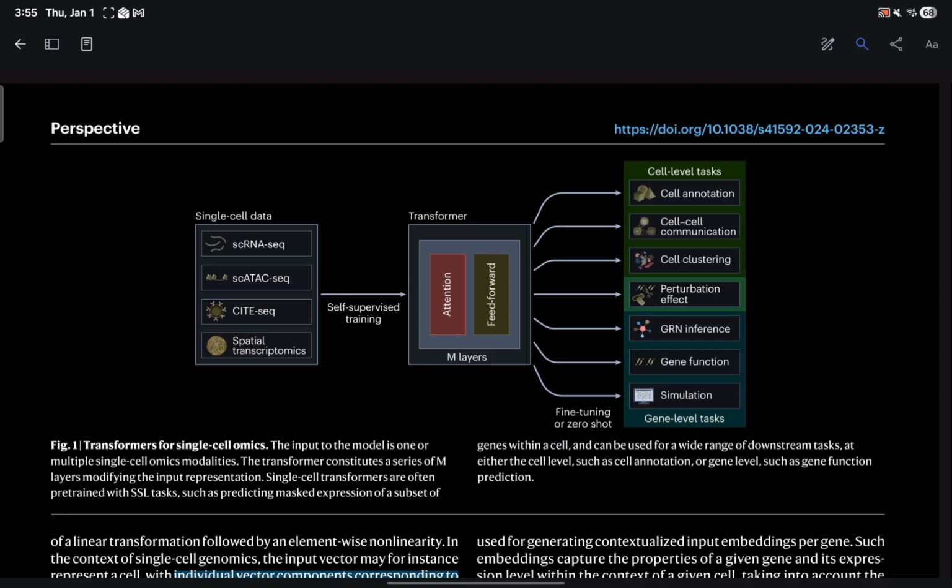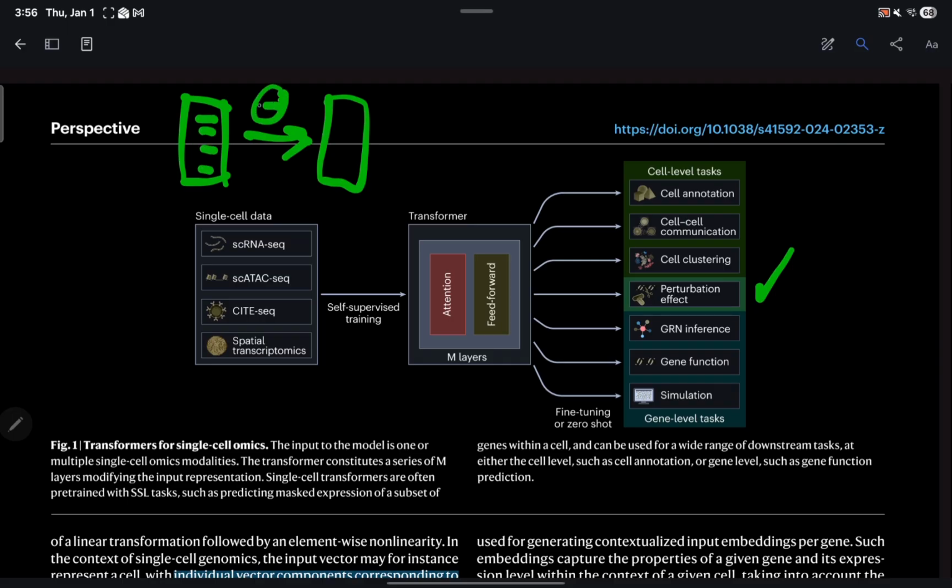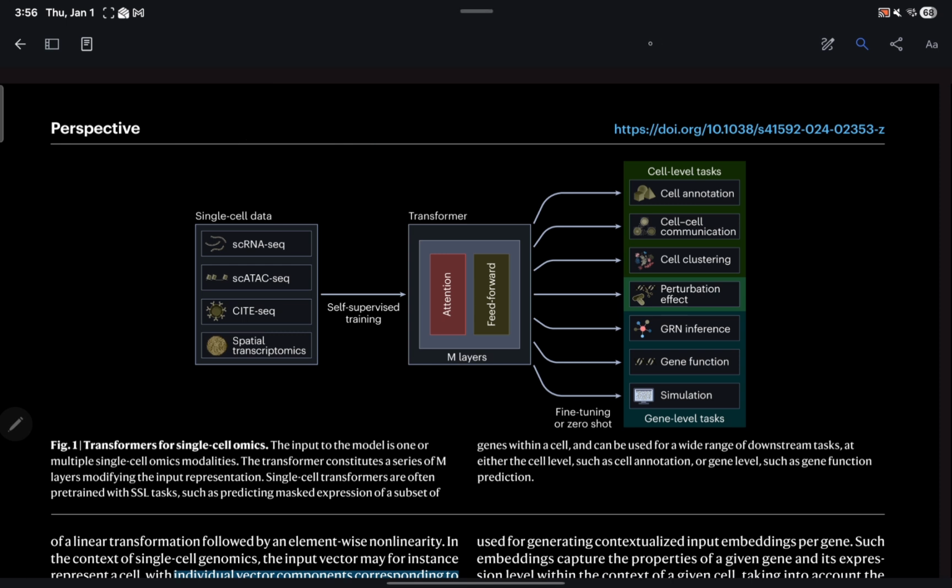Then you have perturbation prediction tasks, where you want to predict what is the gene profile of each of your cells before and after using the drug. So basically you have again your profile, you have your drug, and you want to know how these profiles have been changed.